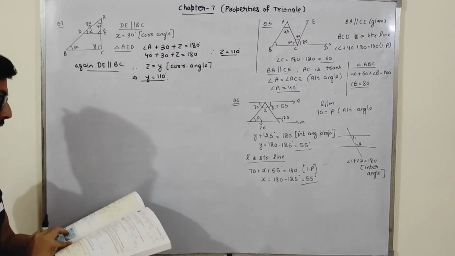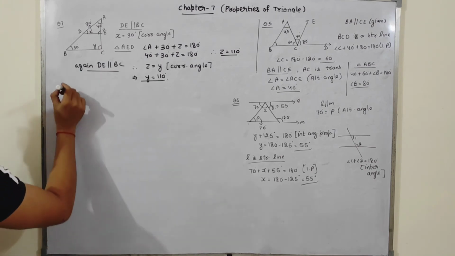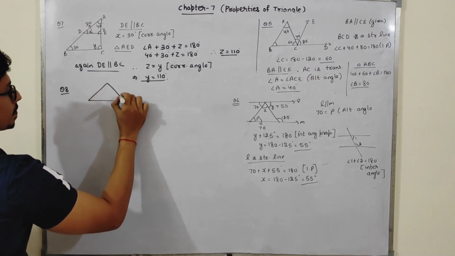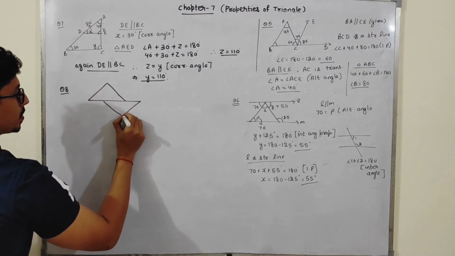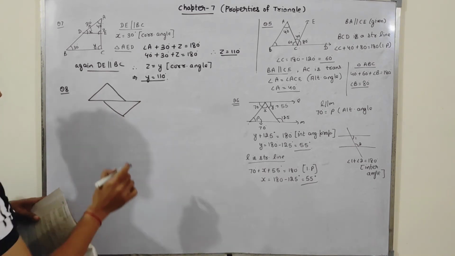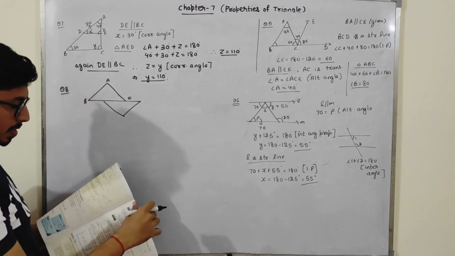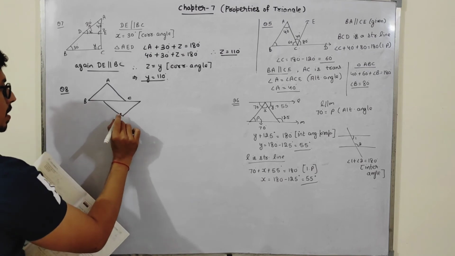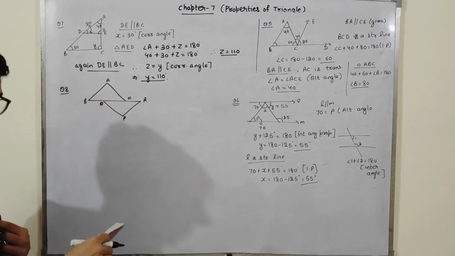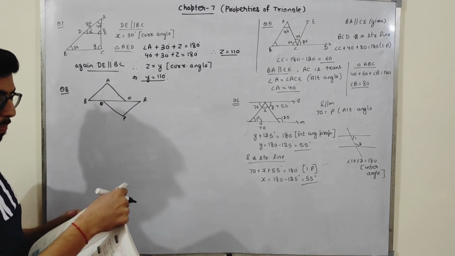See, in question number 8, this figure is given to us, that is ABC, P, Q, and R. In the adjoining figure, triangle ABC is right angled.